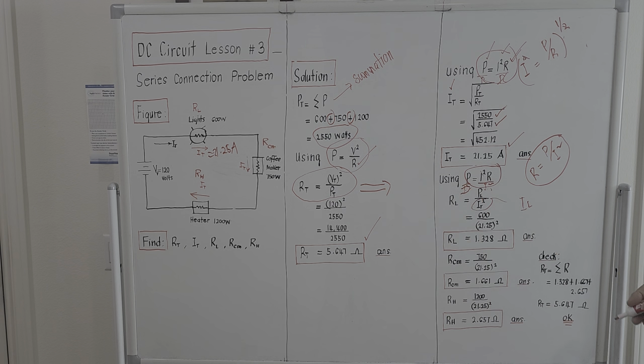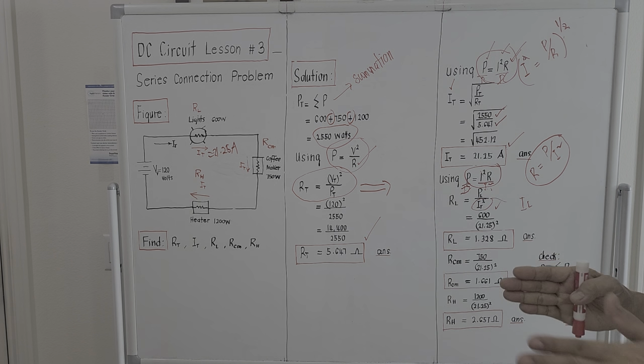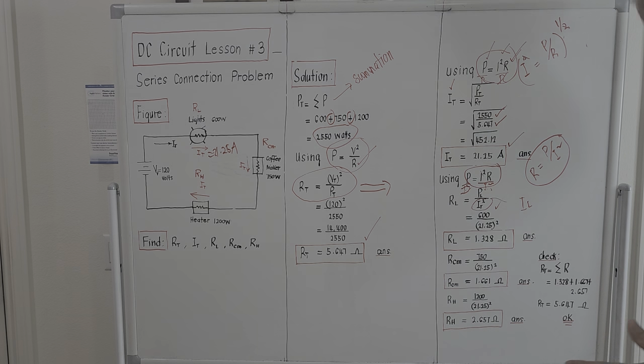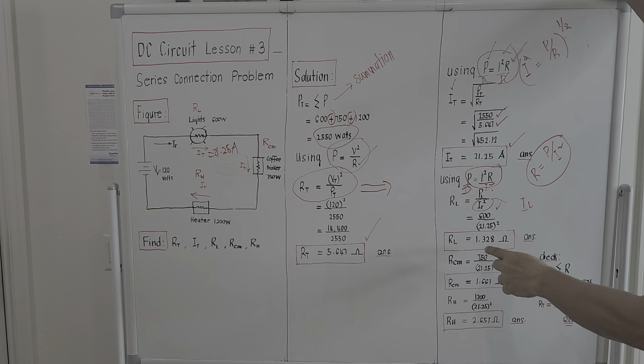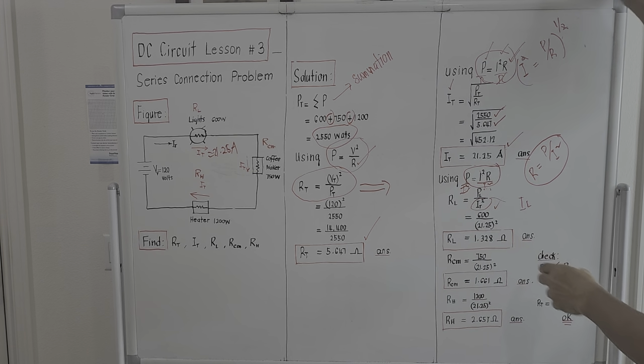The total power of the lighting loads is 600. Total current is 21.25 amperes, squared. We square this, it is almost 400. So 600 over 400, that's 1 point something. So the resistance of the lighting load is 1.328 ohms.